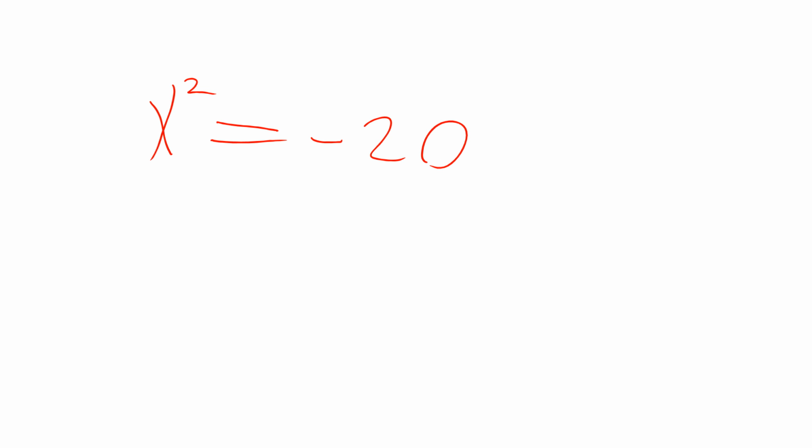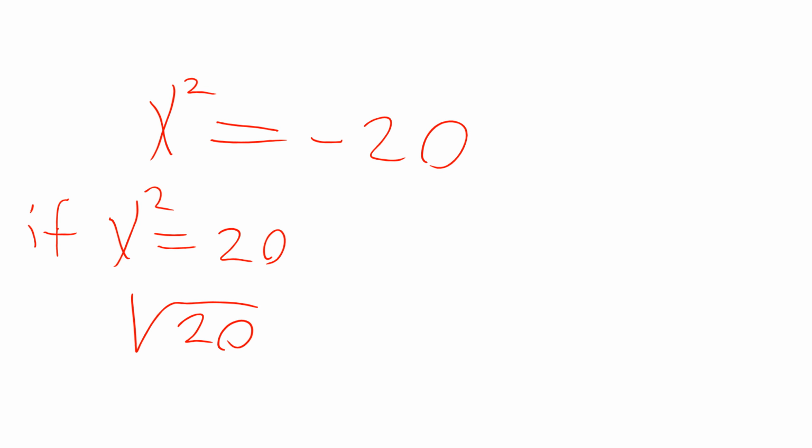Let's say that we have x squared equals -20. Immediately we notice, if this was positive, and that's a big if, because if x squared is 20, x would just be root 20.